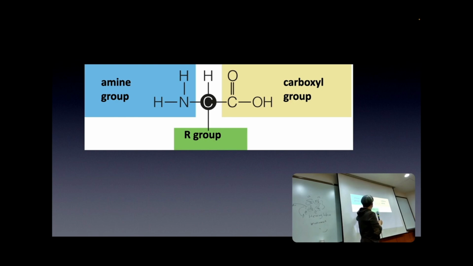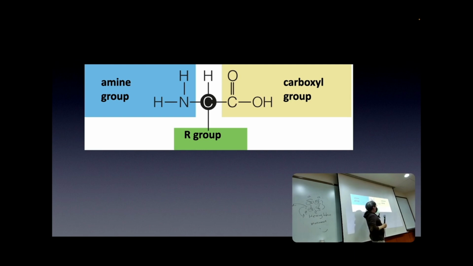An amino acid always has one central carbon, which we call an alpha carbon, around which you have two parts. One is the amino group, which is why it is called amino acid: one nitrogen and two hydrogens. On the opposite side, you always have a carboxyl group, and one hydrogen. Every amino acid must have this.